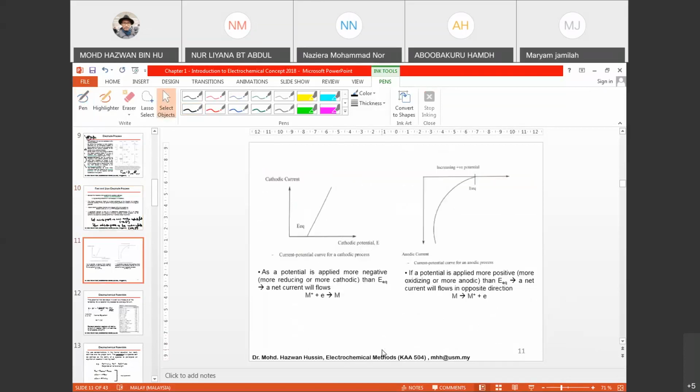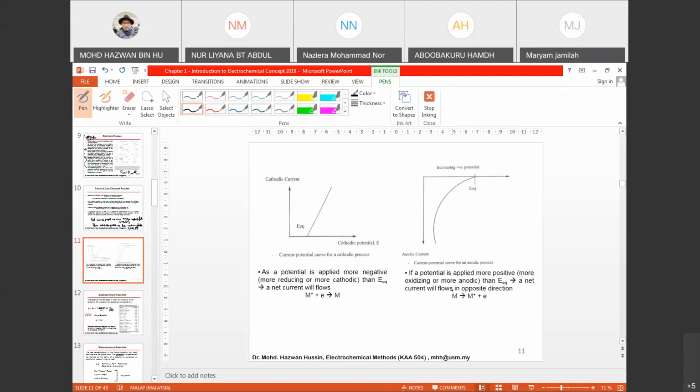So as a comparison, you will see that this one is to differentiate between a fast and slow electrode process. As the potential is applied more negative than the equilibrium potential, a net current will flow, and you will see the difference is more linear.